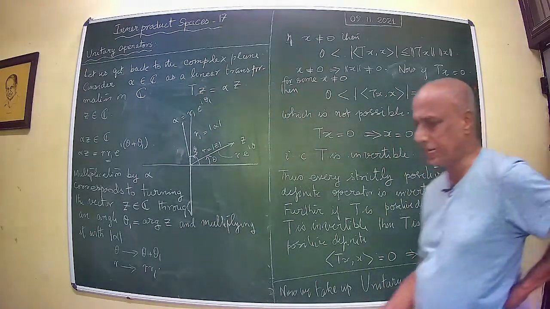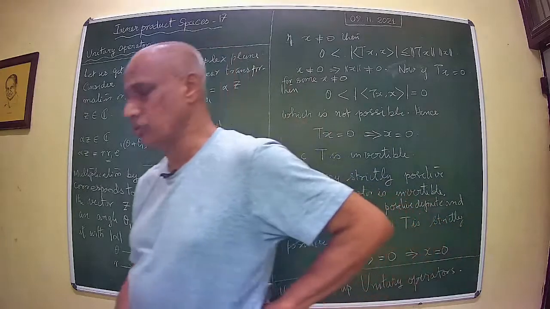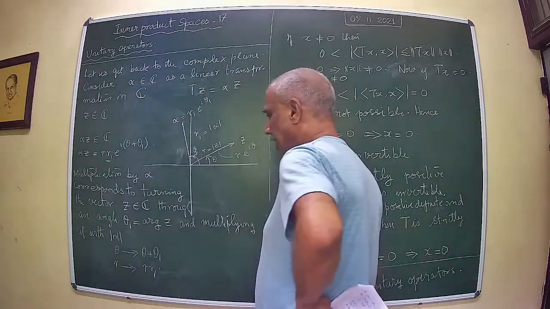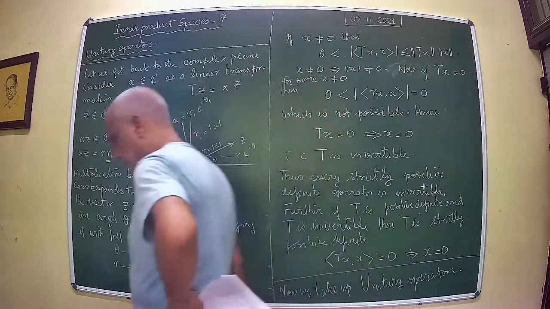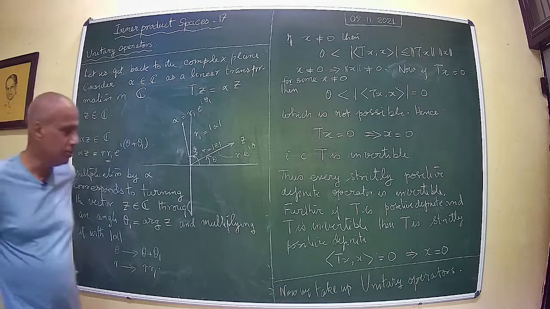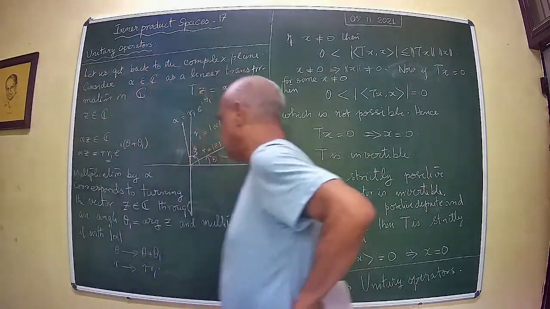So two things are happening. One is rotation through an angle theta 1, and the other is scaling the vector by a factor equal to the modulus of alpha.